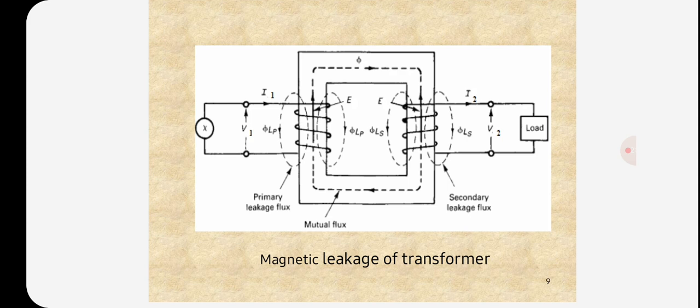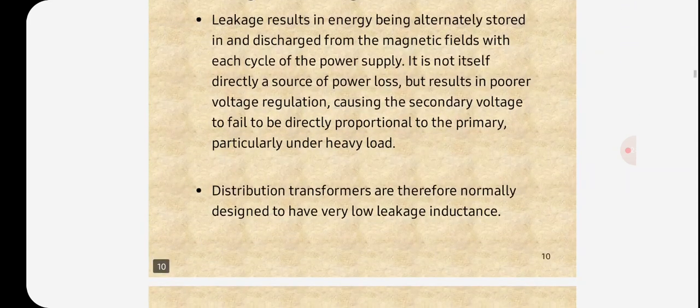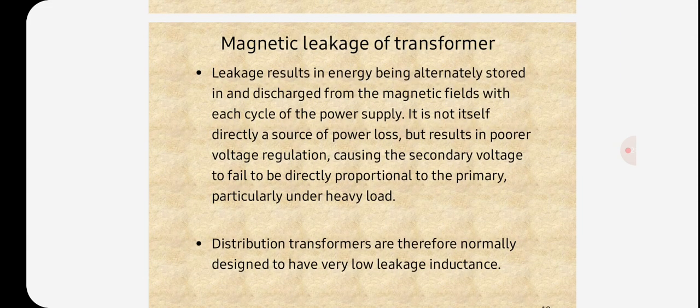So the primary leakage reactance X1 is equal to EL1 by I1 and X2 is equal to EL2 by I2. The primary voltage V1 will have to supply the reactive drop I1 X1 in addition to I1 R1. Similarly, induced EMF E2 will have to supply reactive drop I2 X2 in addition to I2 R2.